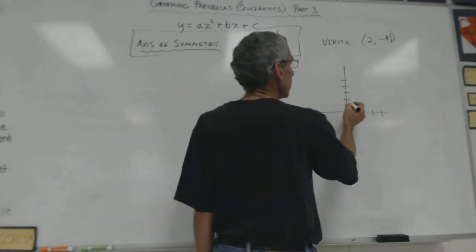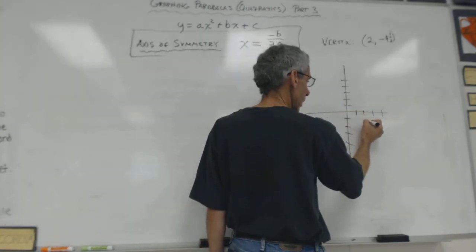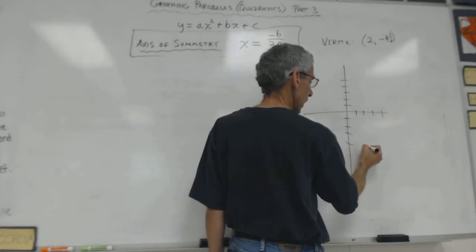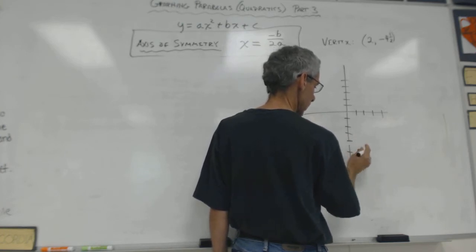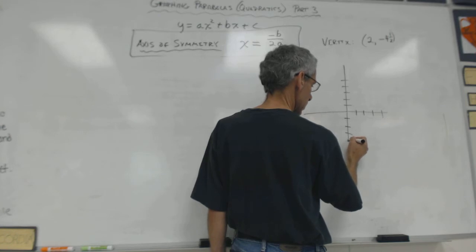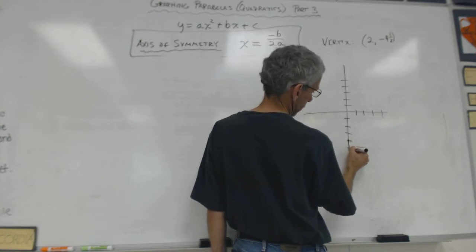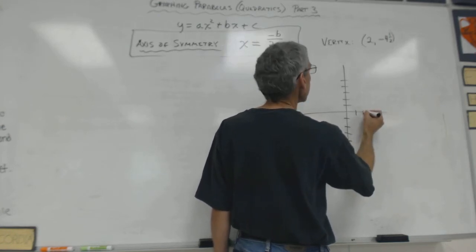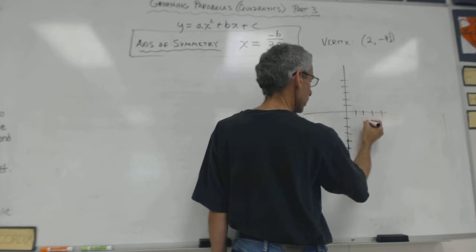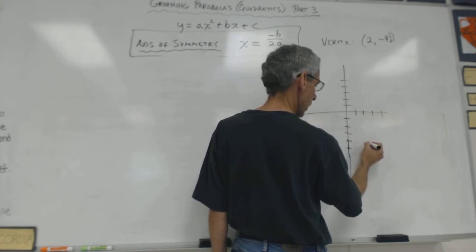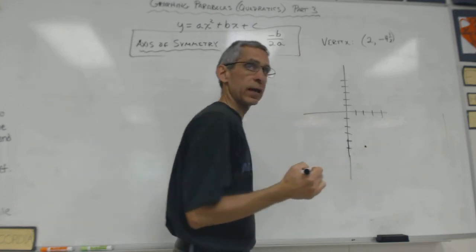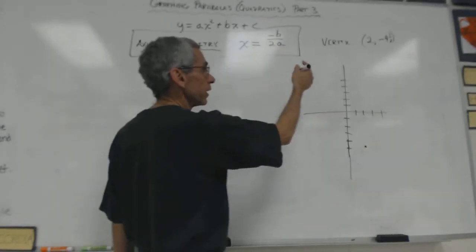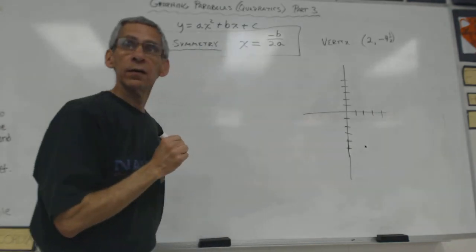So let's think about it. So over 2, down 1, 2, 3, 4.5. There's 5. It doesn't look very even. Okay. What did I say? 2, down 4. 1, 2, 3, 4.5. Okay? And let's say it was y equals x squared something, right?